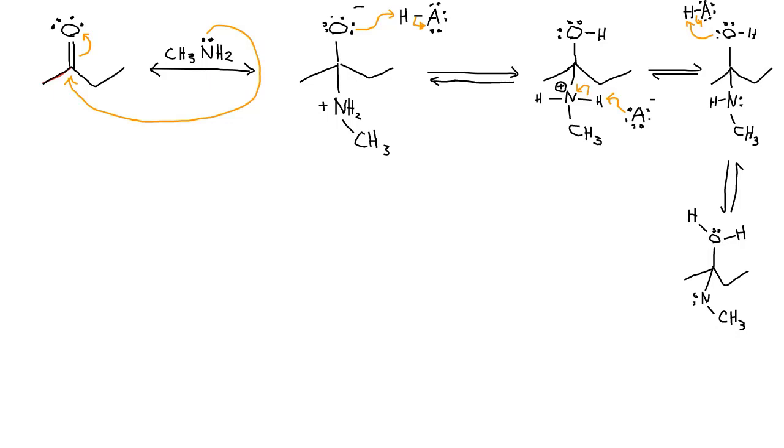So this nitrogen still has another hydrogen attached to it. Got to add it here, like that. And basically what happens is this water, which is positively charged, now since it's a good leaving group, can be kicked out by the amine trying to stabilize the fact that it's basic by forming a double bond here.